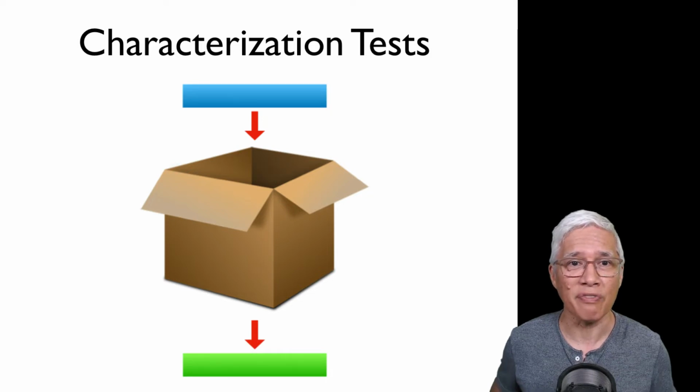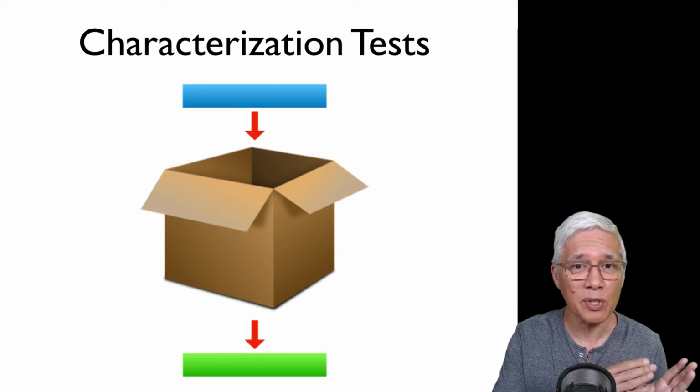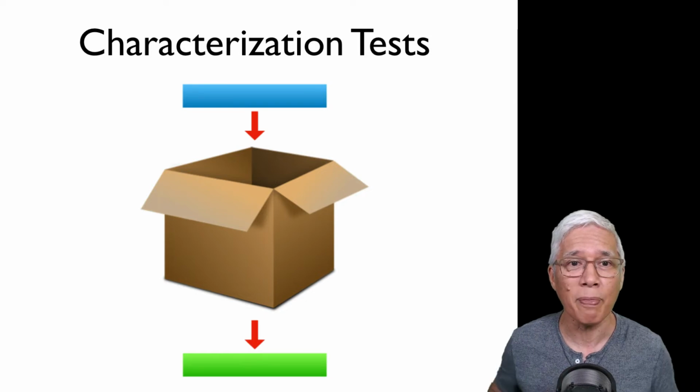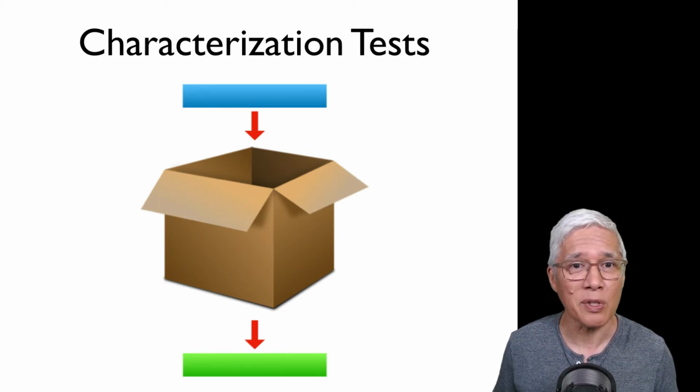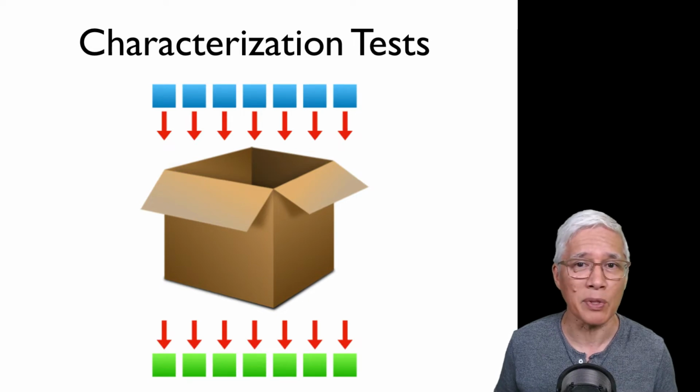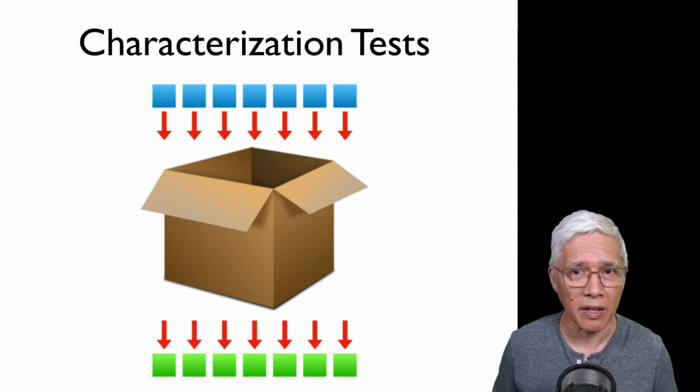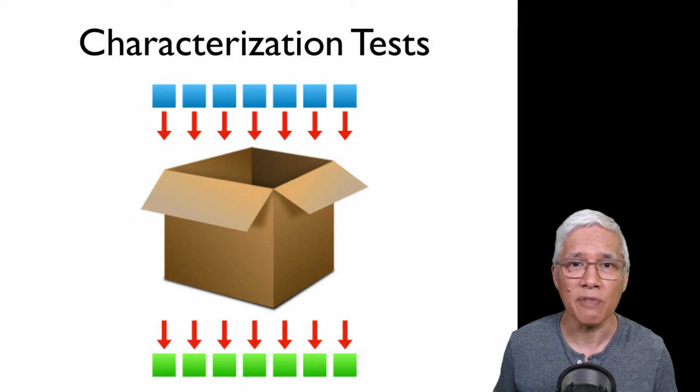It shows us that if we give the code the same inputs, we get the same outputs. But of course, one input usually doesn't do the trick. You want to use lots of inputs to cover various paths through the code. Once you're throwing enough data at this code, you can feel safe about modifying that code because the characterization test will tell you if you inadvertently broke something.